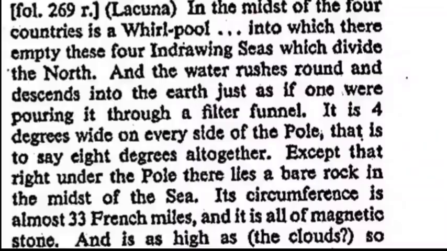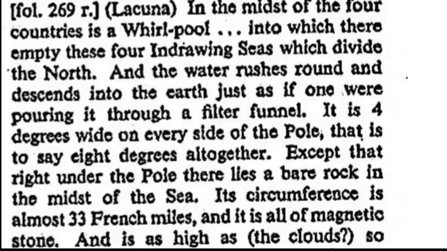In the midst of the four countries is a whirlpool, into which there empty these four indrawing seas, which divide the north, and the water rushes round and descends into the earth just as if one were pouring it through a filter funnel. It is 4 degrees wide on every side of the pole.